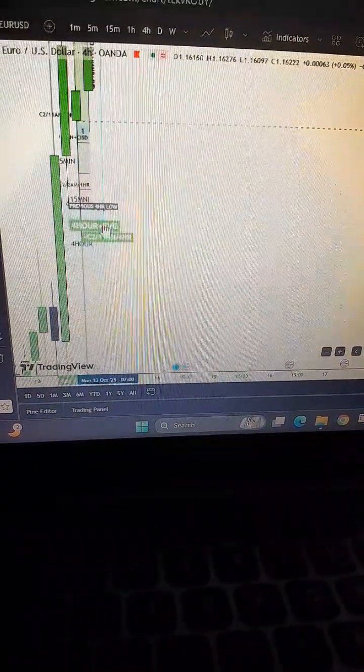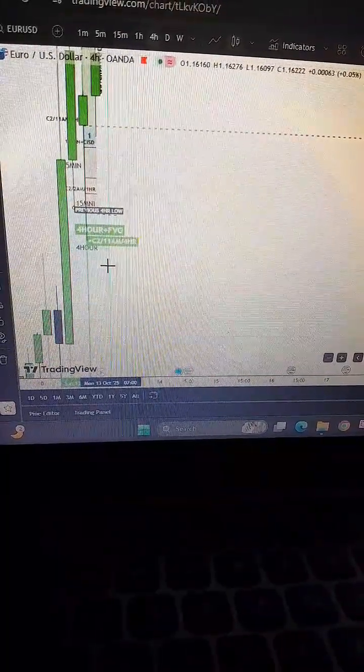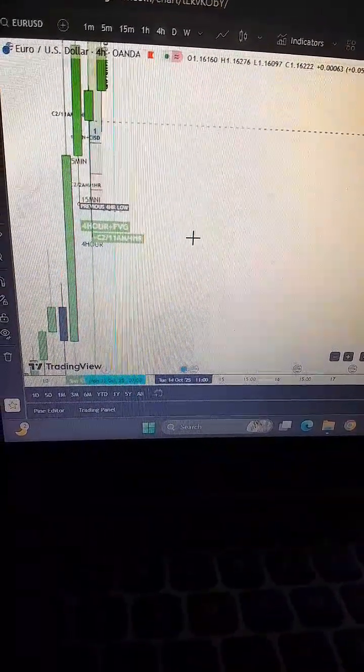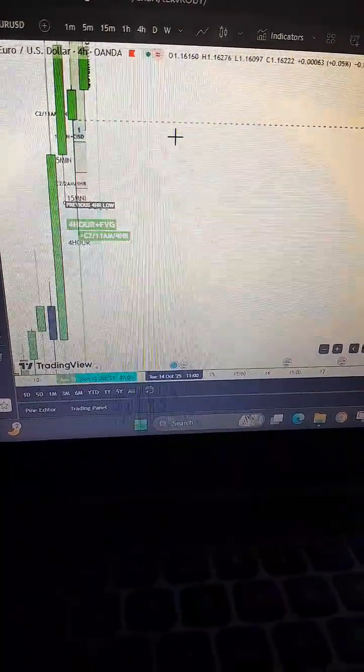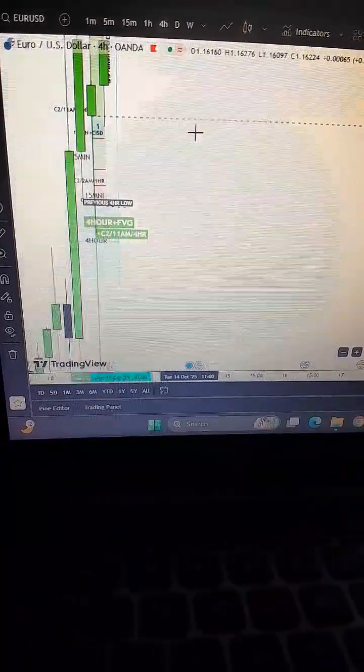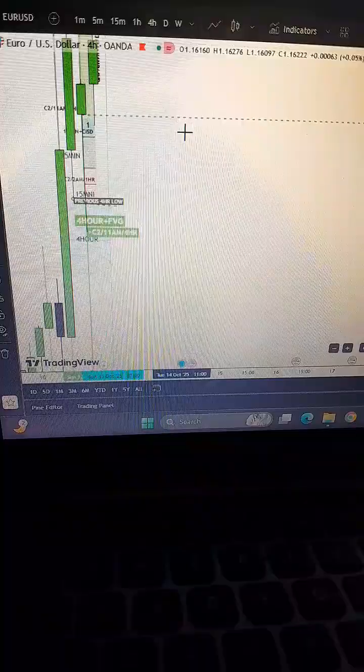So price opened, and then it dropped down into this 4-hour bullish FVG over here, and you can see that price also swept its previous candle's low, so it had a bullish 1-hour CRT, and it was delivering from a bullish 4-hour FVG.